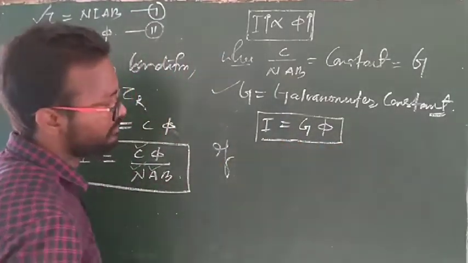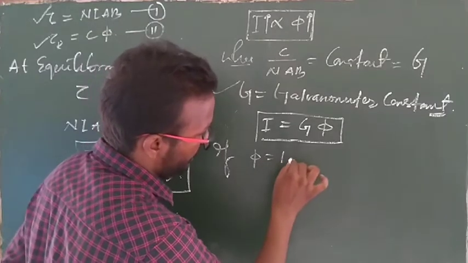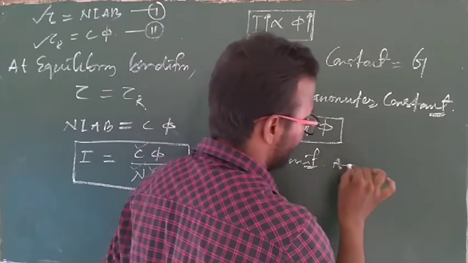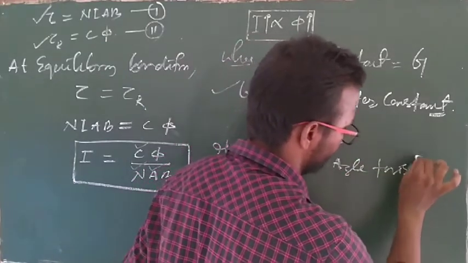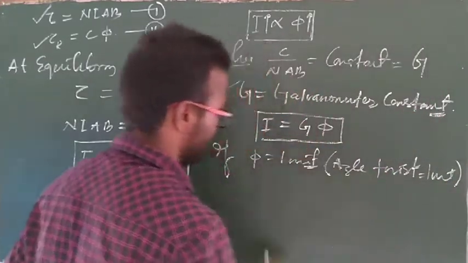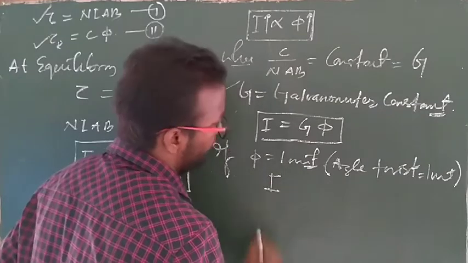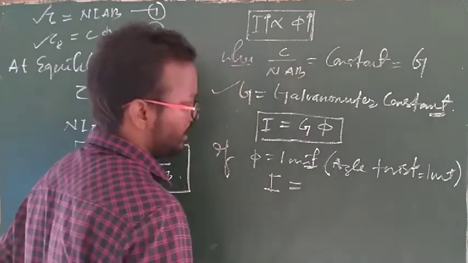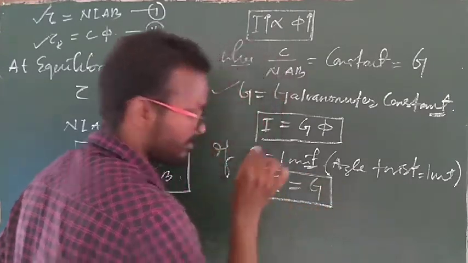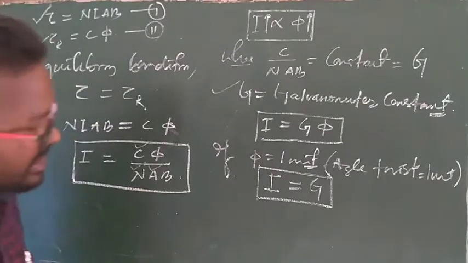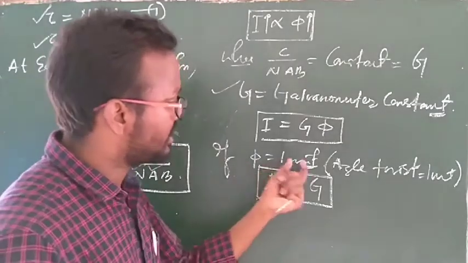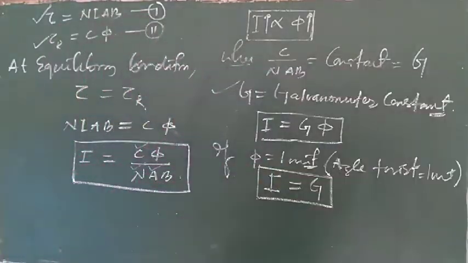If phi equals 1 unit, if the angle of twist equals 1 unit, then the current is numerically equal to the galvanometer constant. Clear? So for what condition will the galvanometer constant be equal to the current flowing through the circuit? When the angle of twist equals 1 unit.